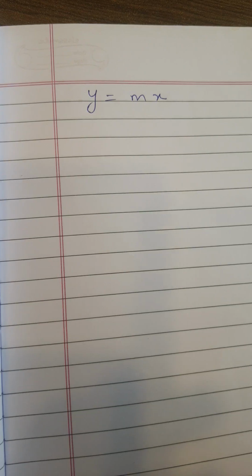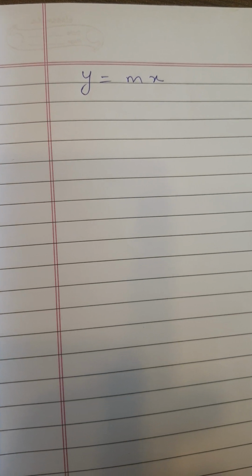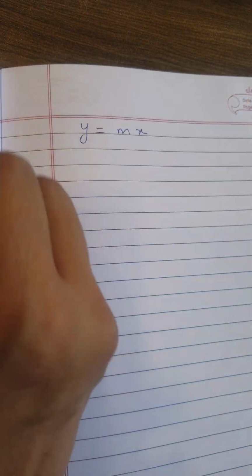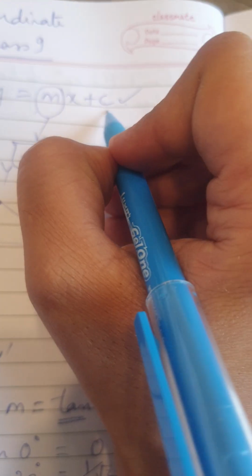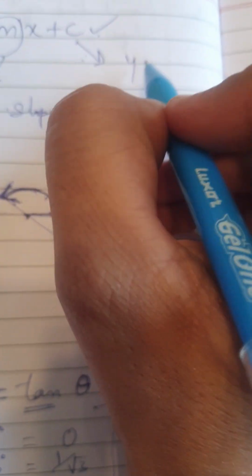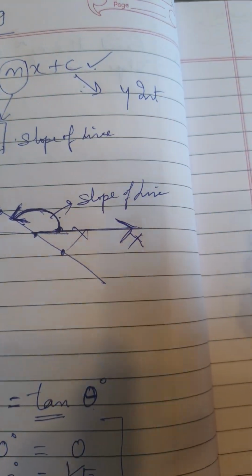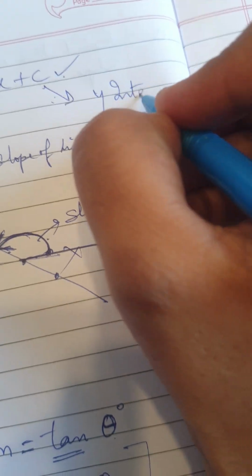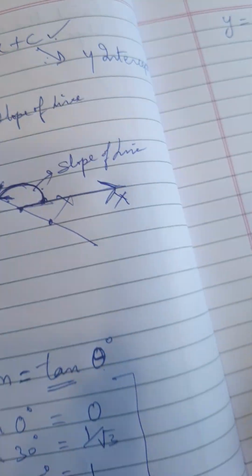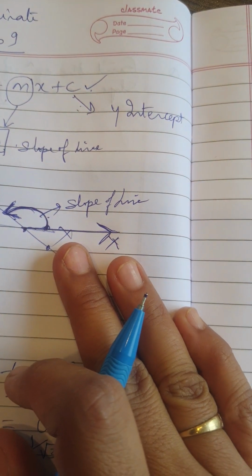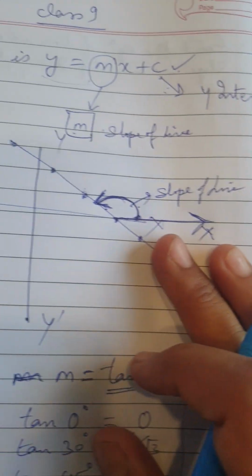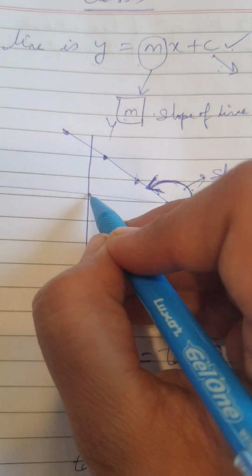Now if we talk about a line equation of the form y equal to mx, this equation indicates that there is no intercept. The c here is known as the y-intercept. Okay, what this y-intercept means, this is our origin.